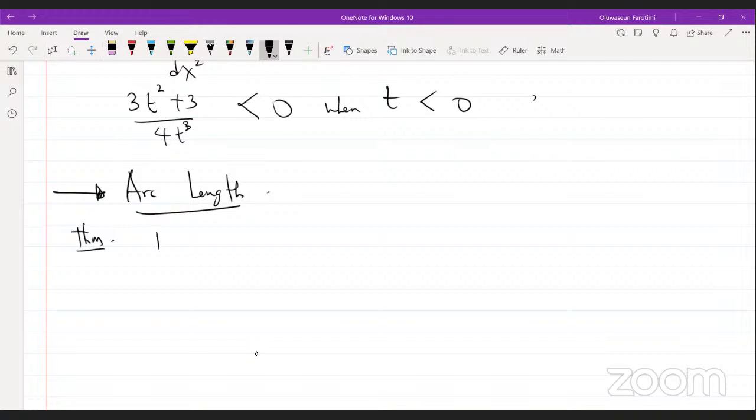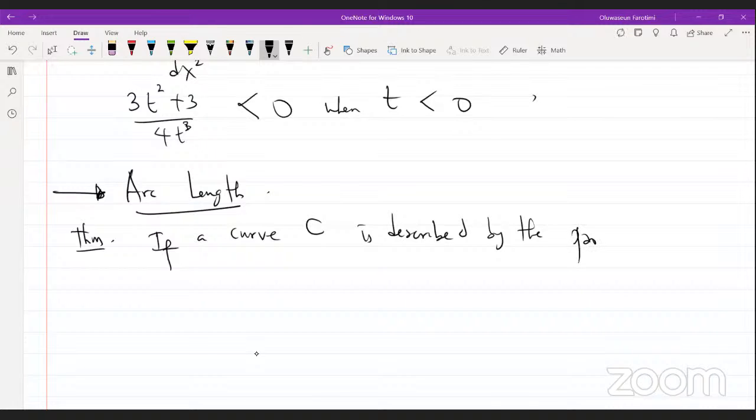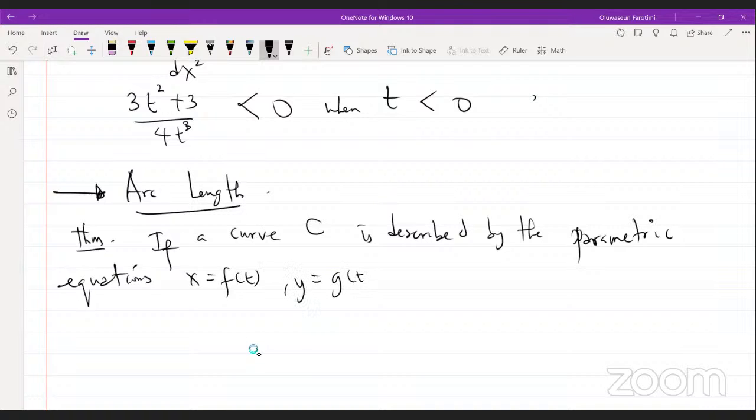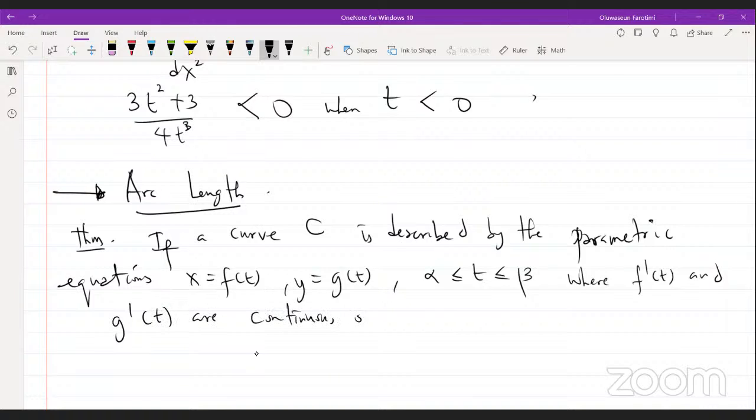If a curve C is described by the parametric equations x equals f of t, y equals g of t, and t is between these values, and if these are continuous on this interval, this theorem should make our life easy, guys.